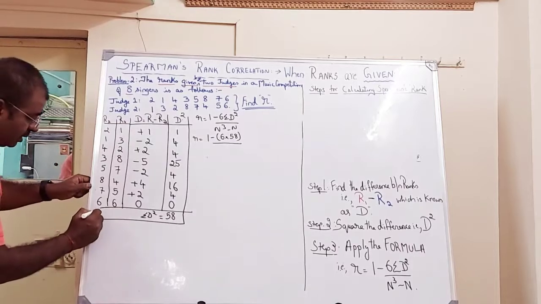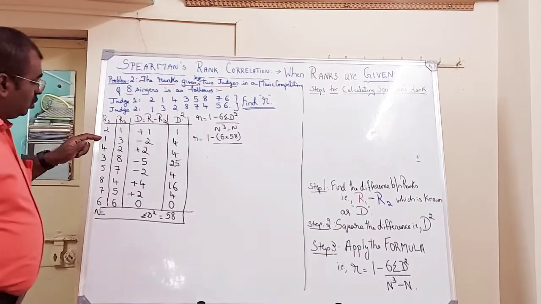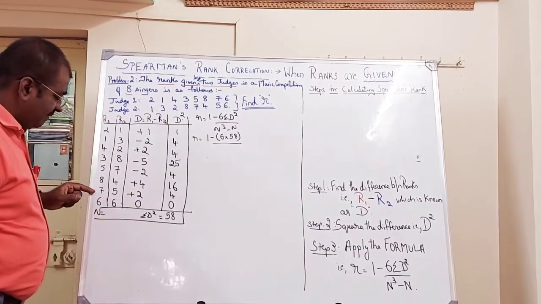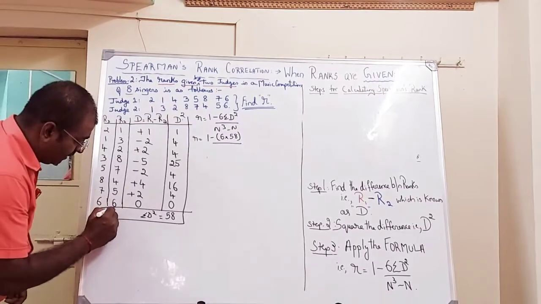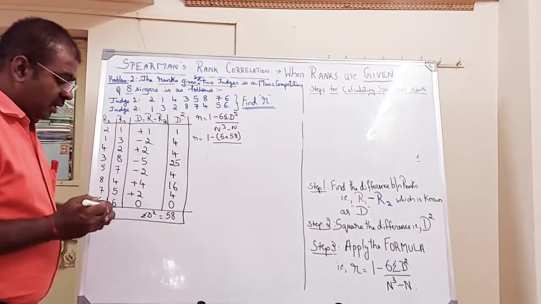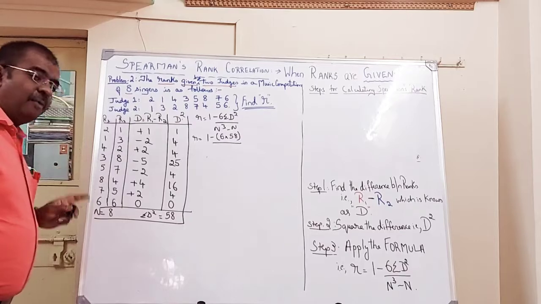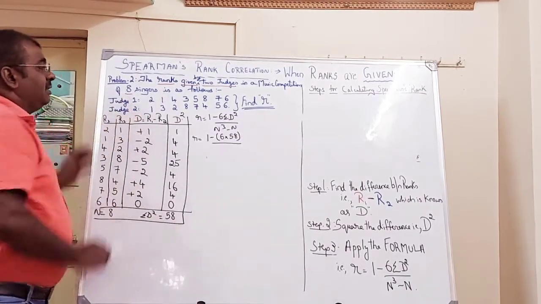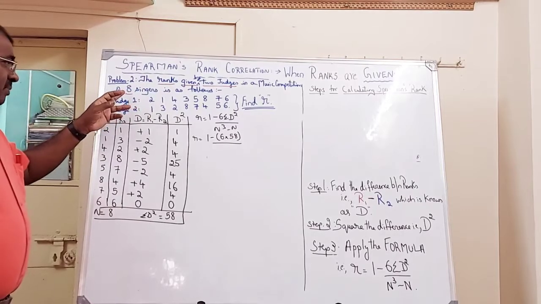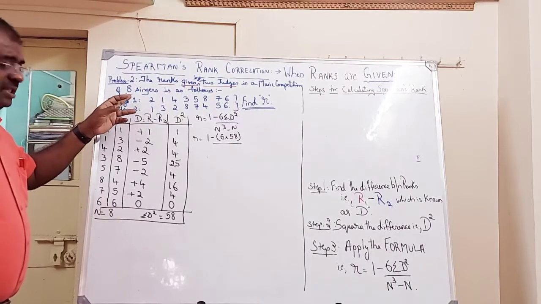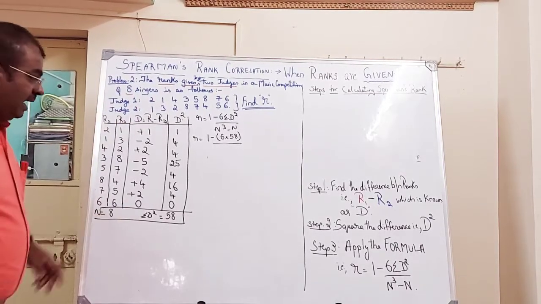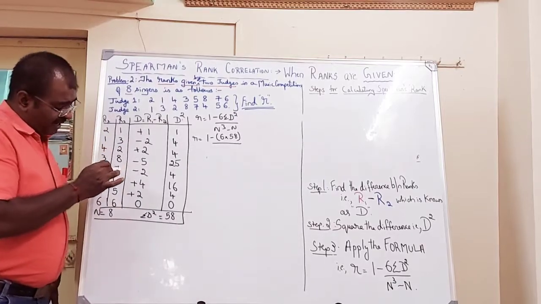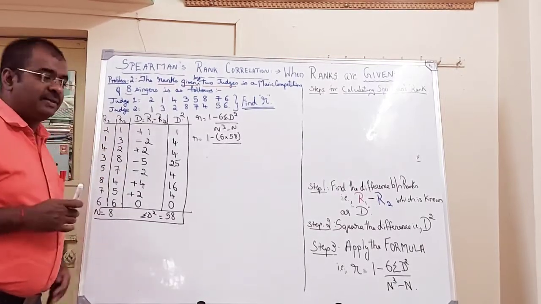Let us find the total number of values: 1, 2, 3, 4, 5, 6, 7 and 8. Therefore, n is equal to 8. n is the total number of observations given in the series. Here the ranks of 8 singers are given, so n is equal to 8.